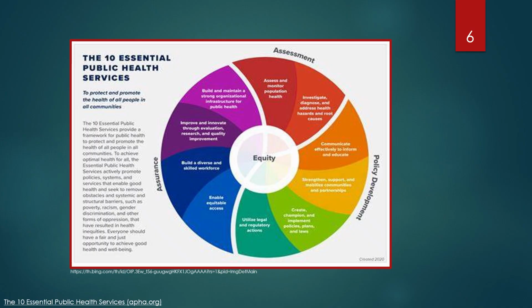Utilize legal and regulatory actions. 7. Enable equitable access. 8. Build a diverse and skilled workforce. 9. Improve and innovate through evaluation, research, and quality improvement. 10. Build and maintain a strong organizational infrastructure for public health.